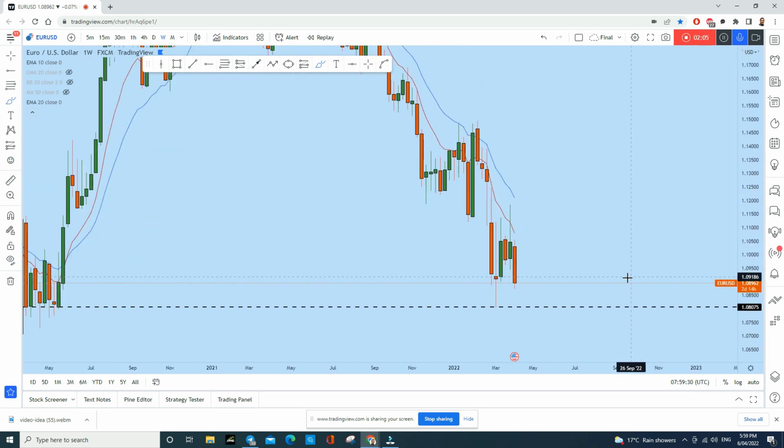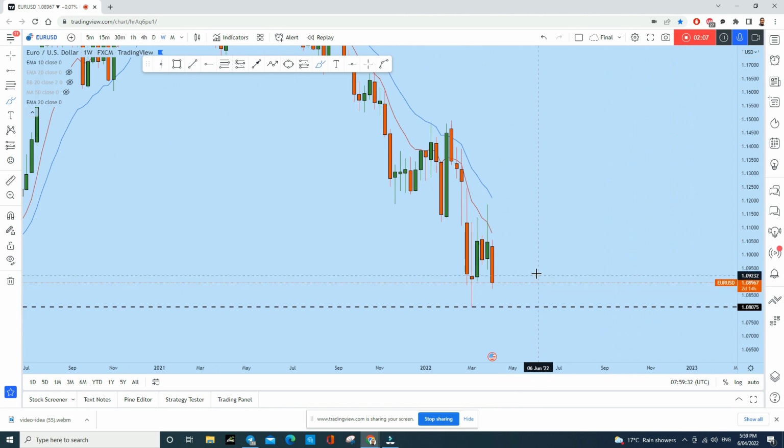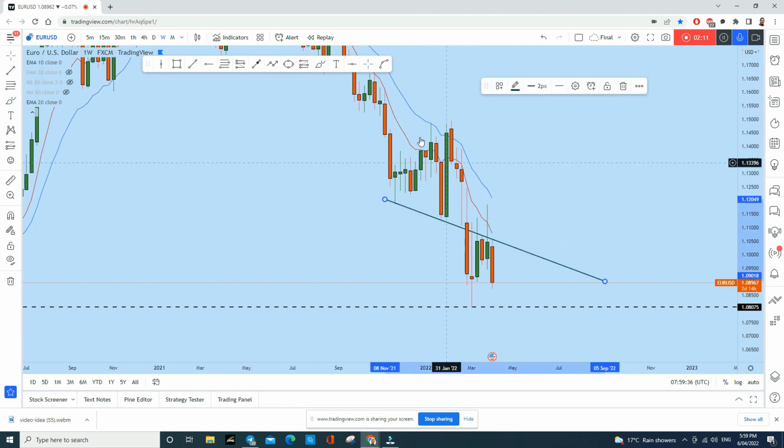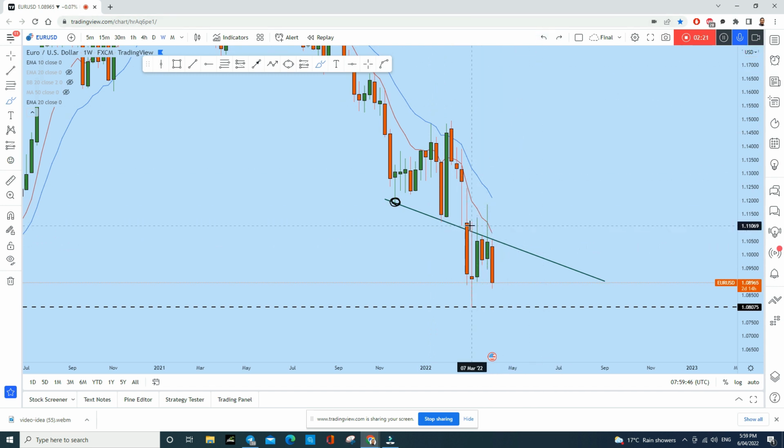So this is the weekly time frame, and what you see, if you draw a weekly level of support and resistance, you can see that this is the weekly level of support here, and resistance, and this support was tested multiple times with this weekly candle as a resistance, and then we see it now rejecting to the downside.